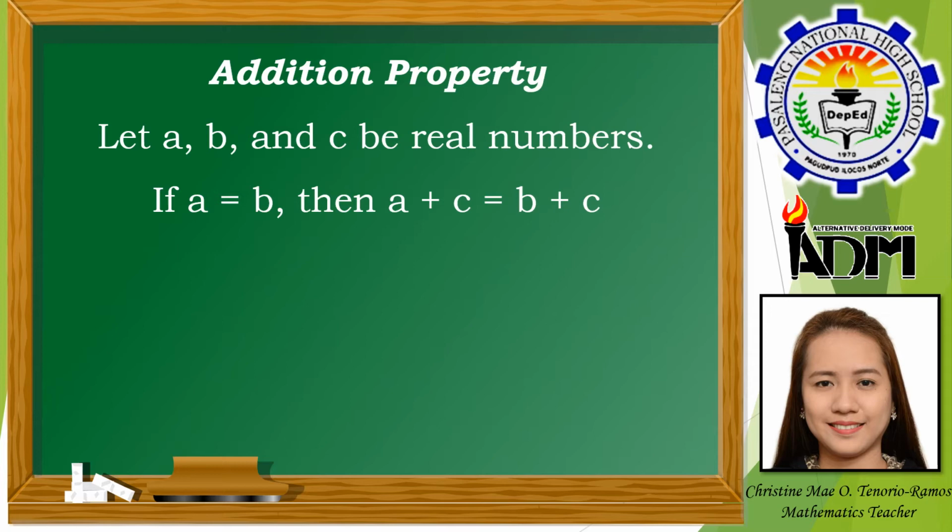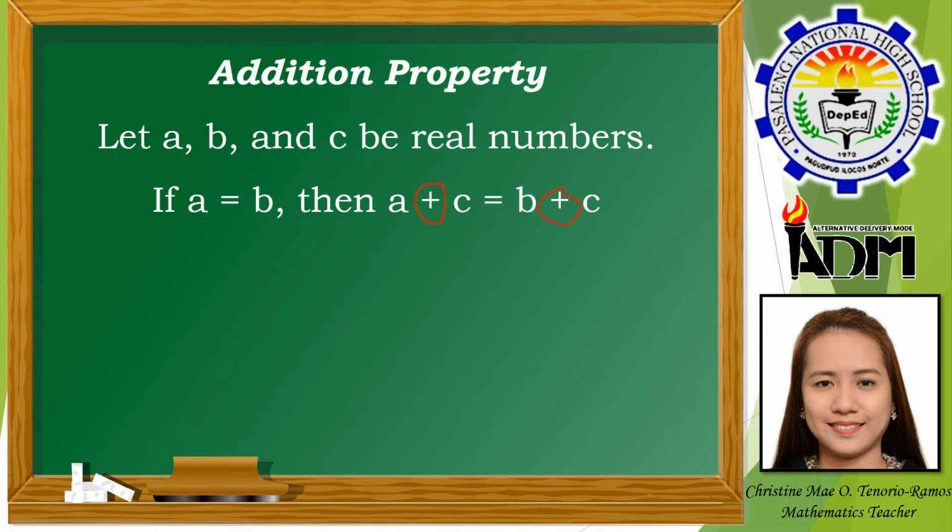Pare-pareho lang yung kanilang rules. Ang kaibahan lang, nagbabago lang yung operation na nagamit dito. Okay? So, yung addition property, kung ano yung ginawa mo sa kanan, ganun din yung gagawin mo sa kaliwa.